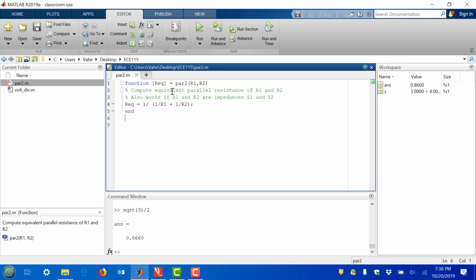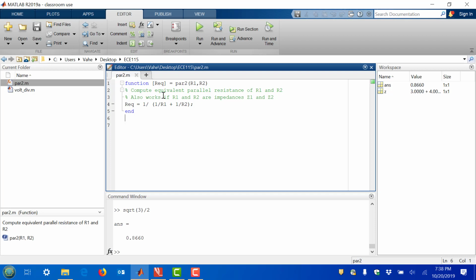The function part2 takes in 2 inputs. The things in the parentheses are the inputs that are going to go into this function. I'll illustrate how you actually use it. But part2 has 2 inputs and 1 output. The output is on the left side, just like an equation, and it's shown in this square bracket.